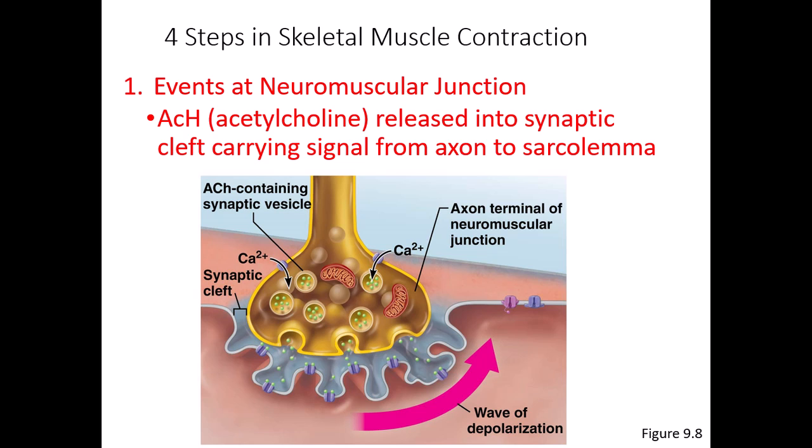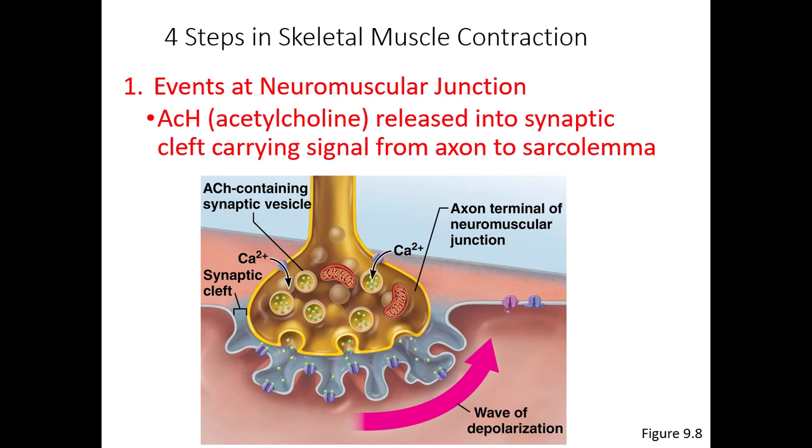So when you look at this picture here, and we're going to look at this picture over and over again, that yellow bulb is called the axon terminal. It's one of the endings of the axon where it meets up with a muscle fiber, a cell. And inside it, there are what we call synaptic vesicles.